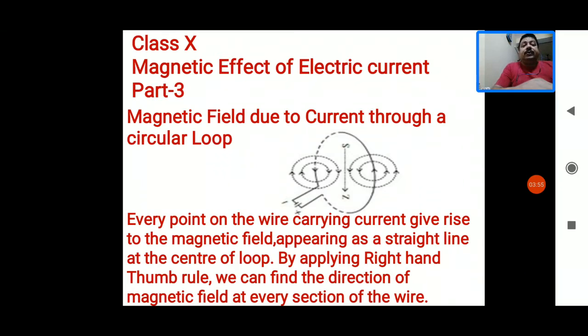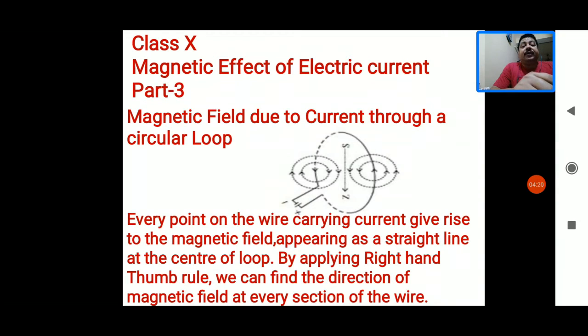According to the right hand thumb rule, at one point the direction of current is upward, so the direction of the magnetic field around the conductor is anti-clockwise.